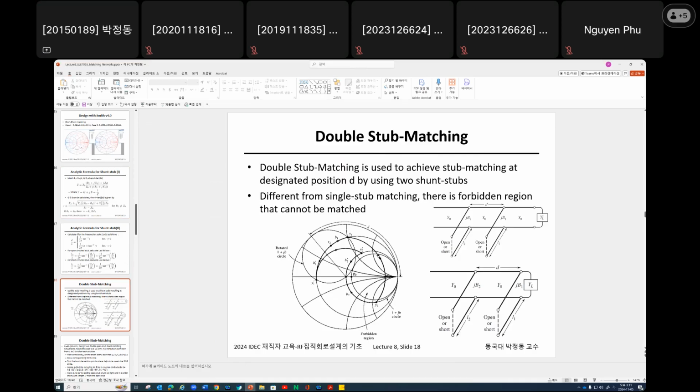So what it means is that in this example, you just choose D as pi over 2, which is a lambda of 4.